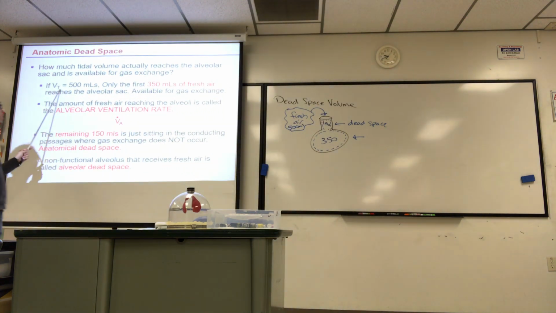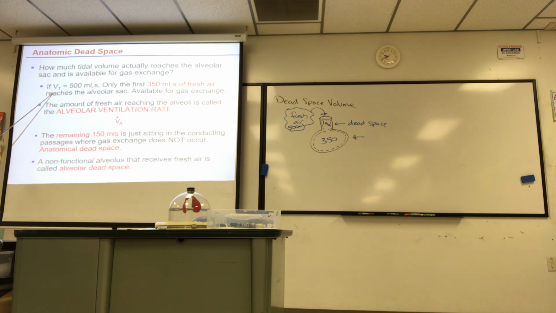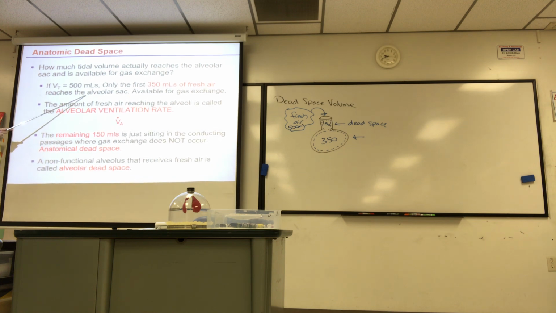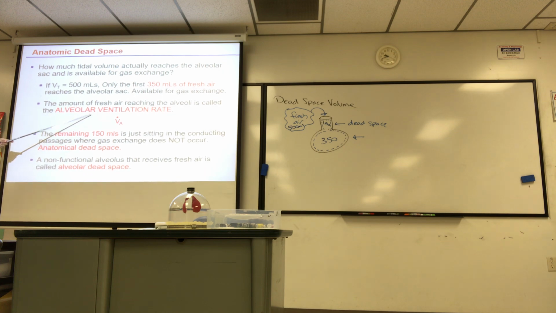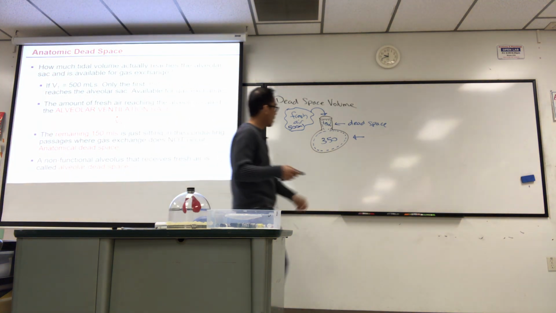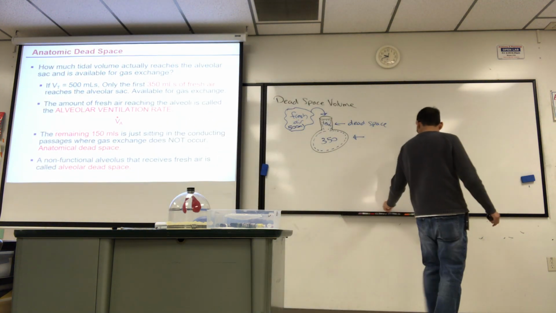So if the normal tidal volume, VT, air you breathe in is 500, which is a typical number, maybe 350 reaches the alveolar space and is available for gas exchange. So if you subtract out the dead space volume, we call that the alveolar ventilation rate, not just ventilation rate. For alveolar ventilation rate, subtract out dead space volume.